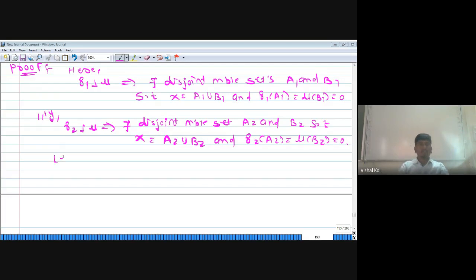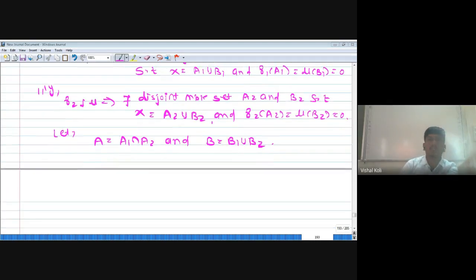Now let us define two sets: A as the intersection of A1 and A2, and B as B1 union B2.